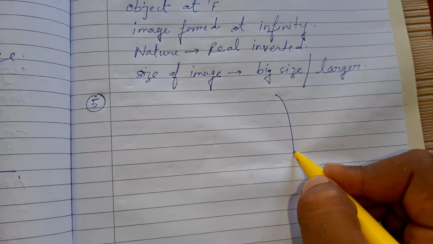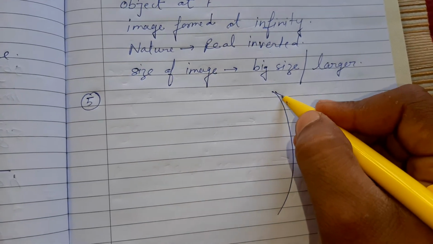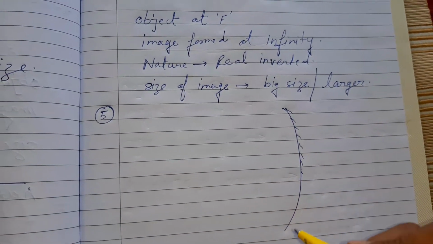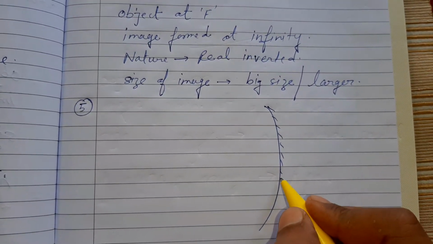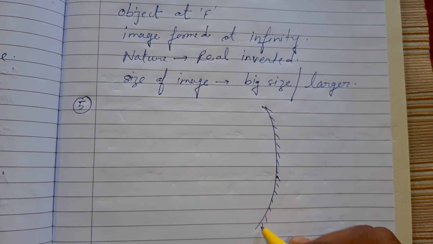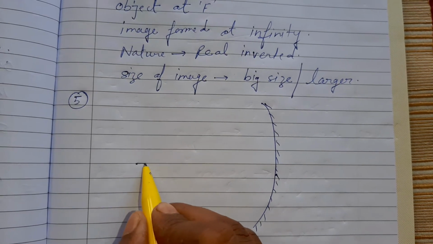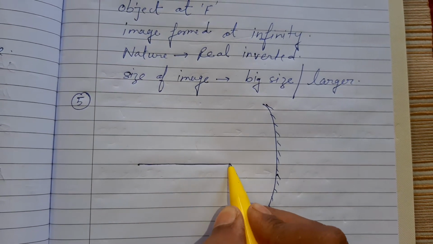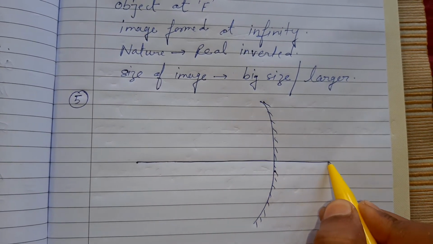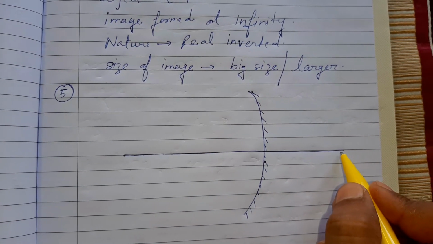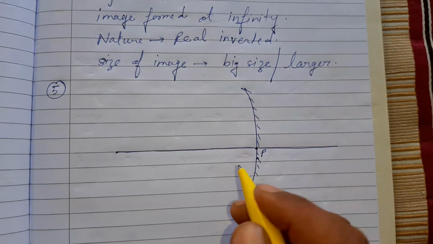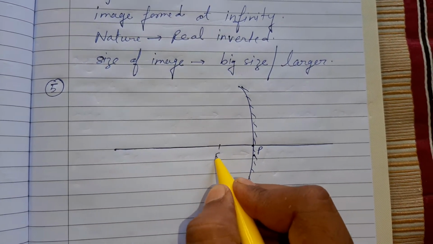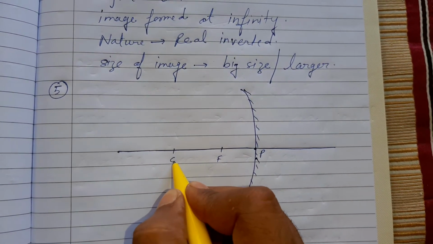I will make a concave mirror again. This is the principal axis, here is the pole in the middle of the mirror, here is the focus point, and here is the center of curvature.